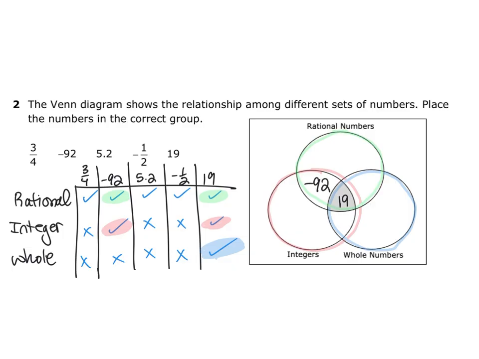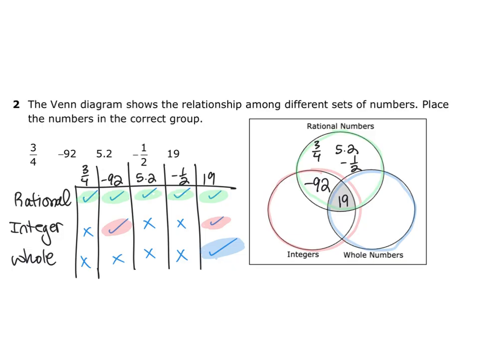Negative 92 is going to go there because it's both integer and rational. Now my remaining three are only rational, so they're only going to go in the region that shows rational numbers. So 3/4 and 5.2 and negative 1/2 are going to go out there.